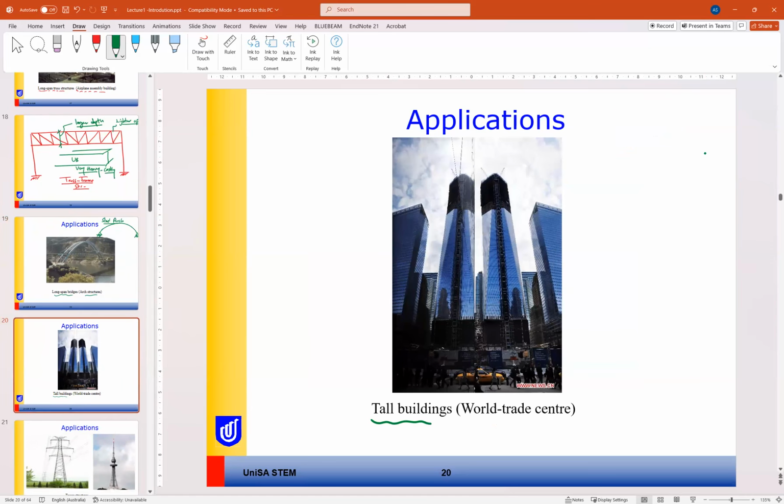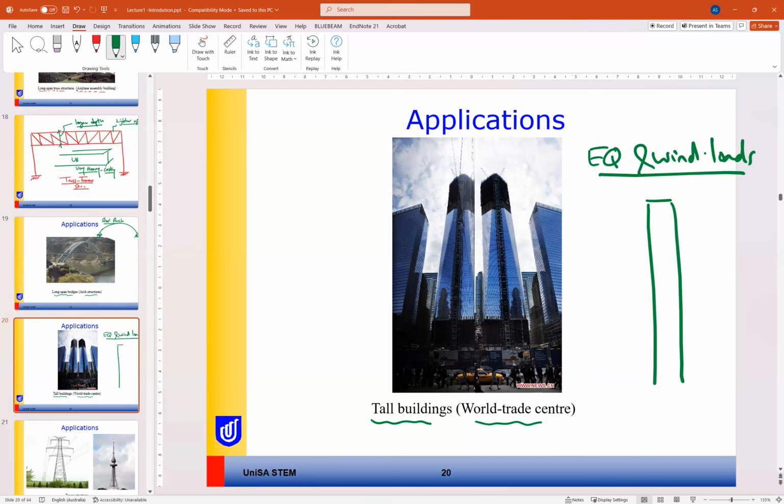More application like the World Trade Center in tall buildings. So the problem in tall buildings is that we have an issue with the earthquake and wind loads. This is the critical design consideration, earthquake and wind load, because this is a very tall building.